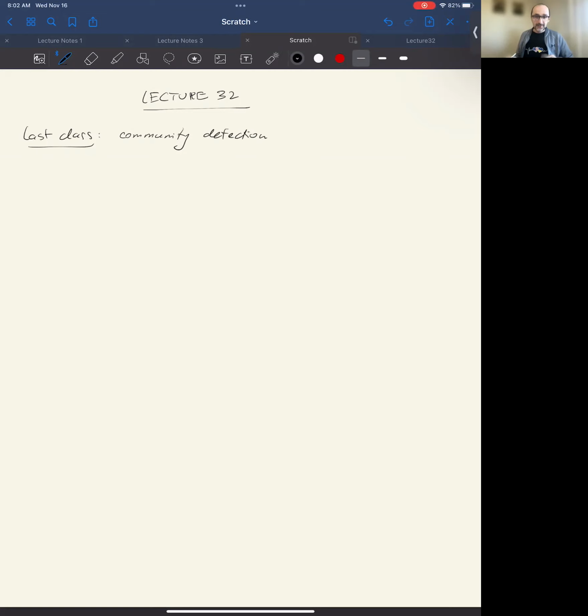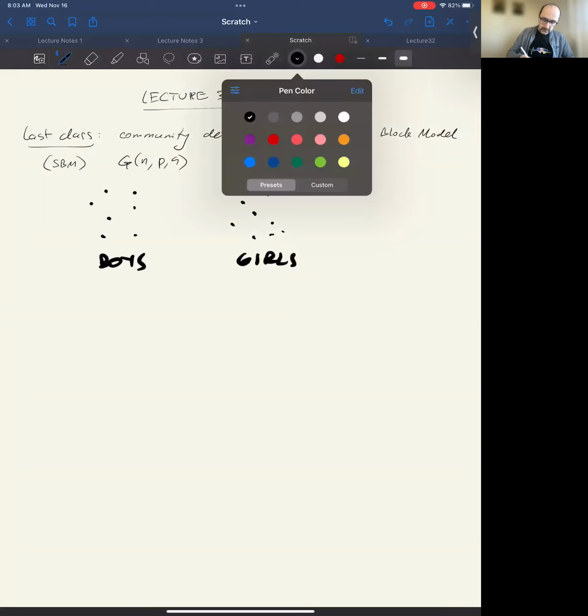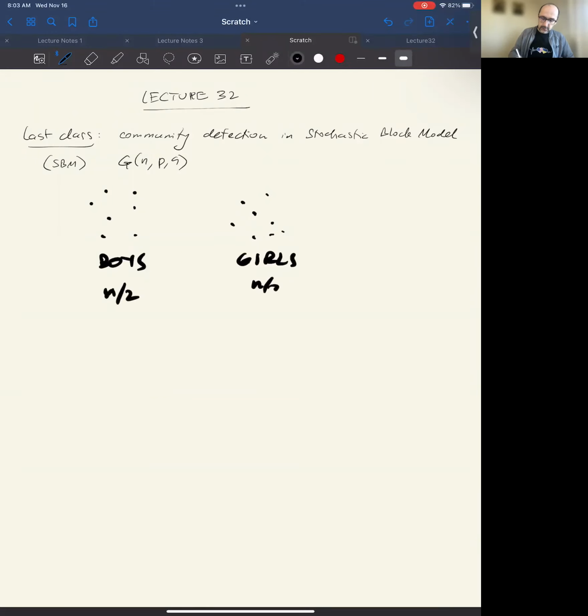We proposed a simple mathematical model for network with communities, and that is called the stochastic block model, SBM, where we just model a network as a random graph with n vertices that are split into two parts. Let's call one part boys and the other girls, let's say. N over 2 vertices here, n over 2 there.